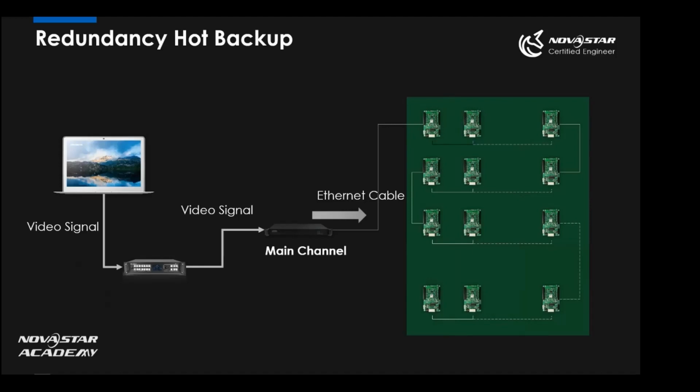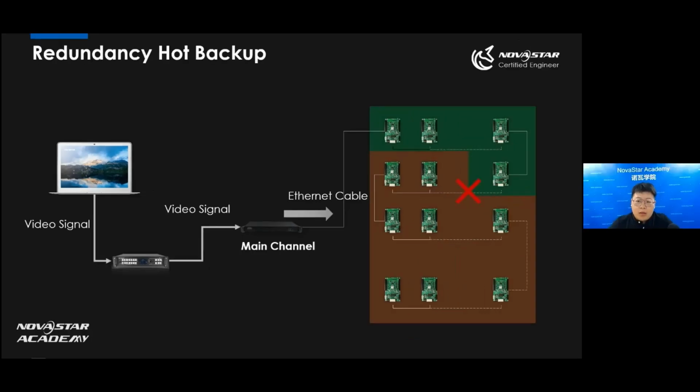Let's think about what happens if any cable between two receiving cards is broken. So the rest of the receiving cards will not get the data from the main channel. Of course, this part of the screen will be blank. So how can we deal with it? NovaStar provides the backup solution. The rest of the receiving cards will get the data from the backup channel.